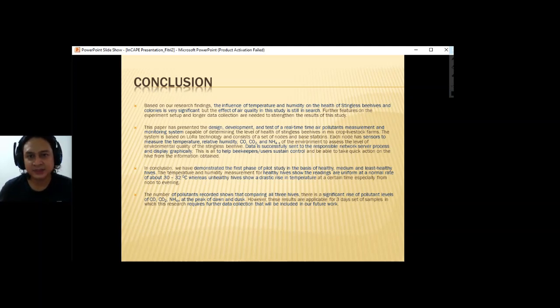This paper covers the design, development, and testing of a real-time air pollutant measurement and monitoring system, with sensors to measure temperature, relative humidity, CO2, and NH4. The data is successfully sent to the network server. The main objective is to help beekeepers sustain control.